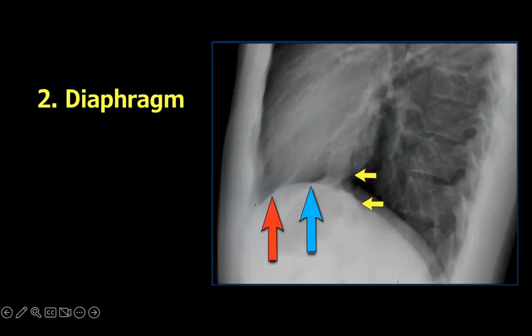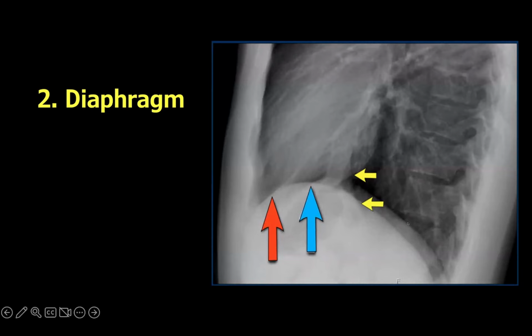So the first one here, the red one, that we can follow from the anterior aspect all the way to the posterior aspect, should be the right-side diaphragm. Why? Because I know the left is sitting below the heart, and therefore soft tissue density interfacing with soft tissue density will make it not clear, and you will not be able to trace it anteriorly.